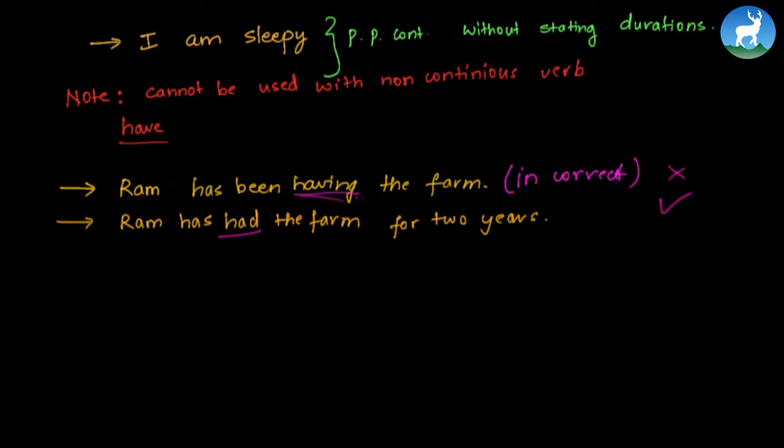Now, this is the present perfect continuous tense. We just looked at the present perfect continuous tense. Now let us look at the present perfect tense. The present perfect tense is used to say that an action happened at an unspecified time before the current time.